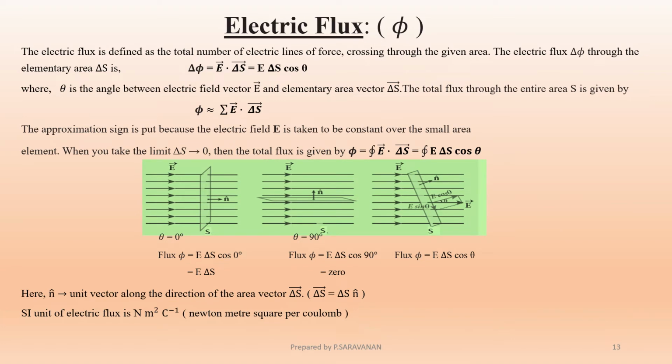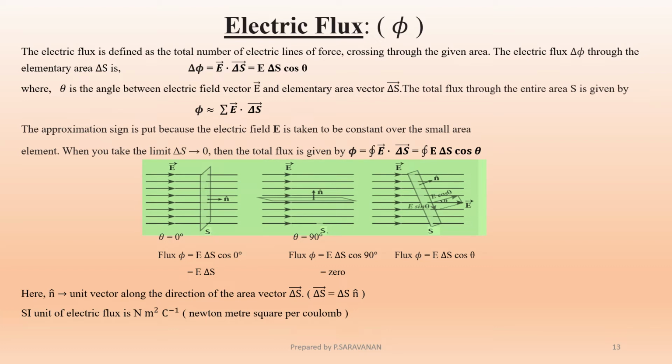Okay. Now this area which is held in the electric field is a plane area and it is given the status of a vector. So it must have a direction. The direction of the area vector S is nothing but the perpendicular drawn to the plane surface.